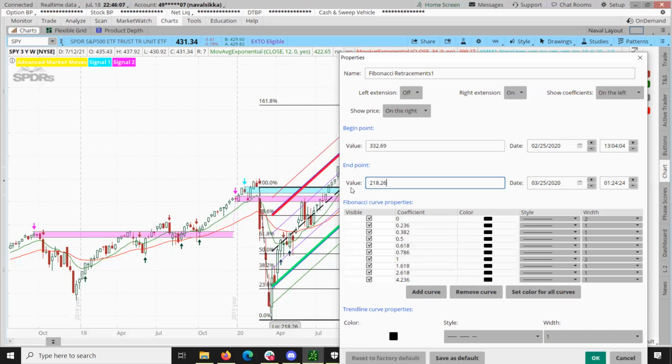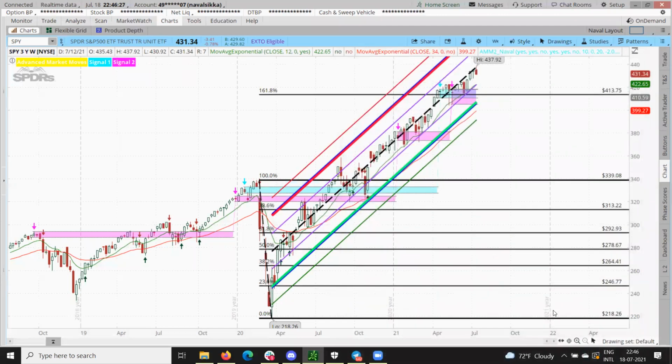Here the highs were right there, which was 333.38, and this was 339.08. All right, so I have these levels.